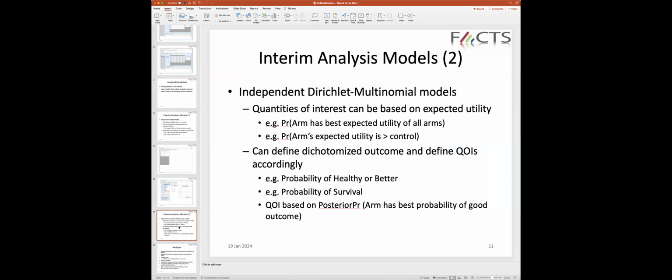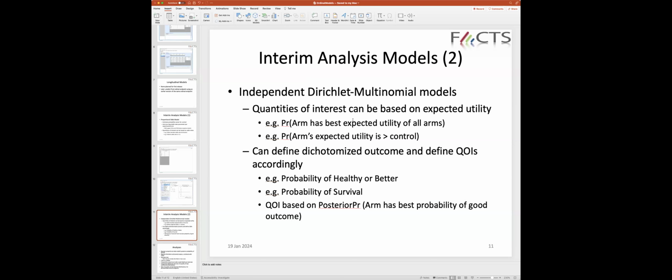We also intend to support being able to model all the different arms using independent Dirichlet multinomial models. So we're not assuming monotone effects of all or even any of the treatments.